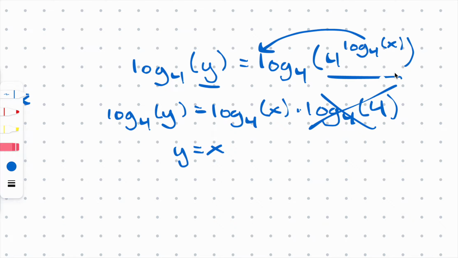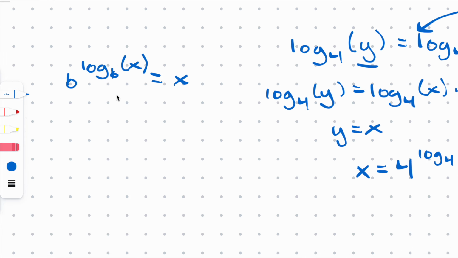Our arguments in these two equations must be equal. So that means x must equal 4 to the log base 4 of x. So there we get the same idea we talked about here, if that makes sense.